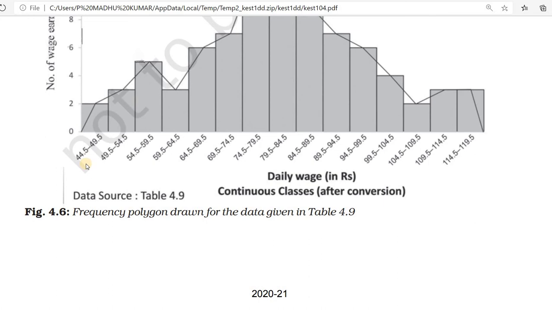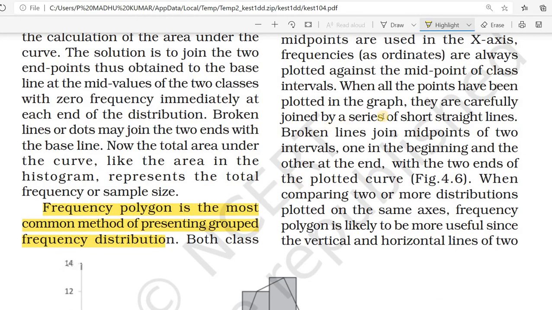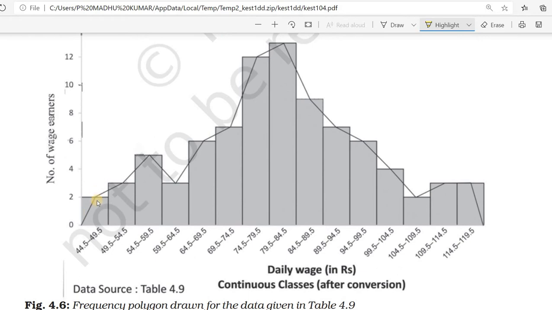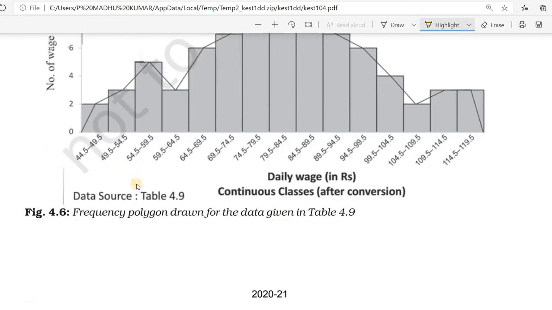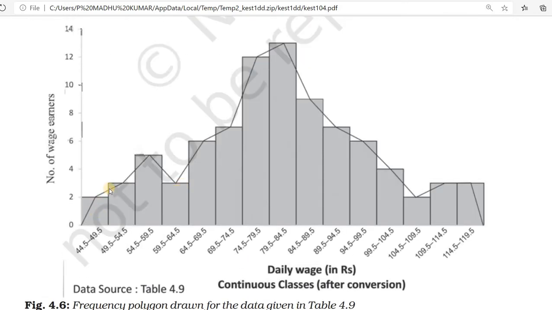Here you can see the classes like 44.5 to 49.5, 49.5 to 54.5, 54.5 to 59.5. For these we need to find out the midpoints and mark those midpoints.